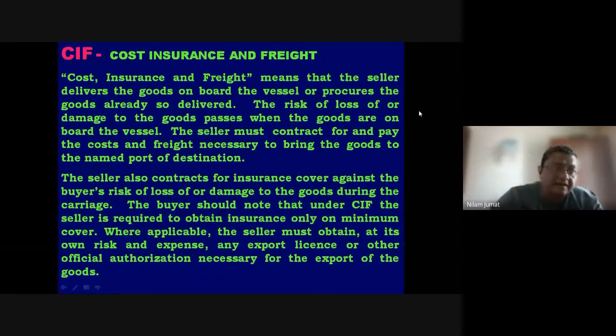Then CFR: same as FOB delivery, the risk transfers from the exporter to the importer on board the ship, and then he pays the freight from Colombo port to Jeddah port, right? Then what is CIF? CIF is the FOB delivery point on board the ship, and then he pays the freight from Colombo to Jeddah, as well as covers insurance from Colombo to Jeddah.